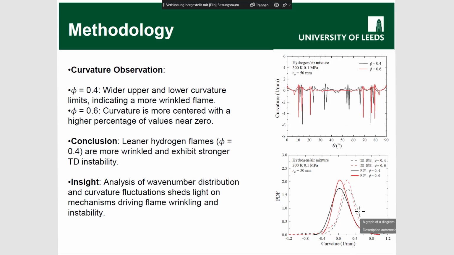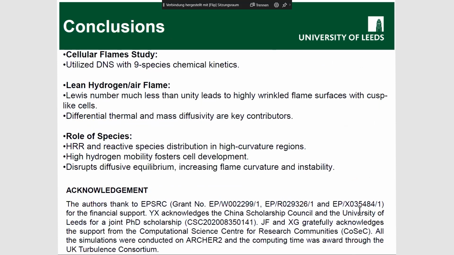Maybe the flame structure is more wrinkled in the DNS modeling, but we are not sure right now. Maybe we can do more analysis and investigation on this. So this is the conclusion.